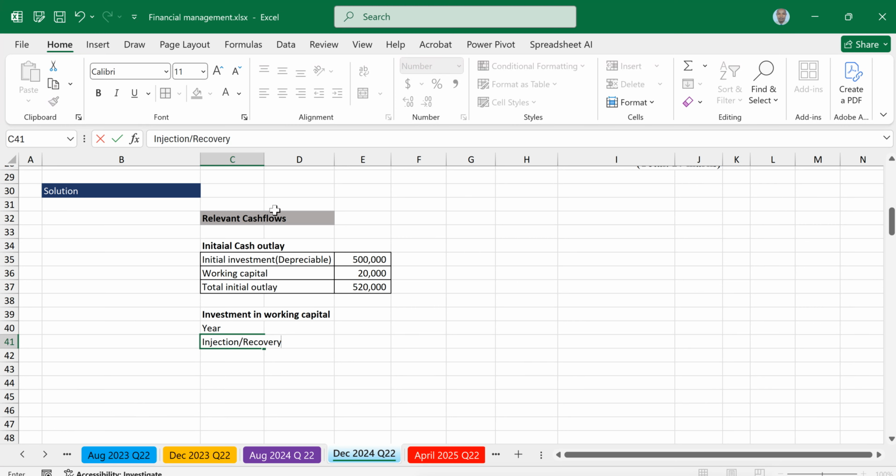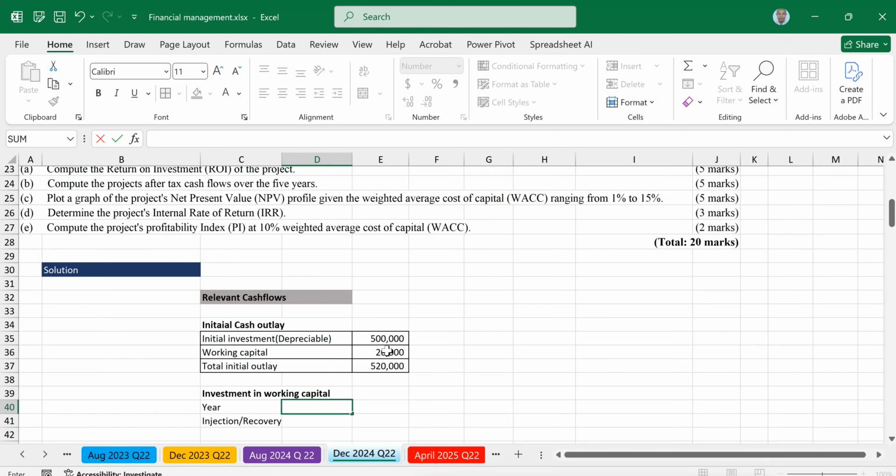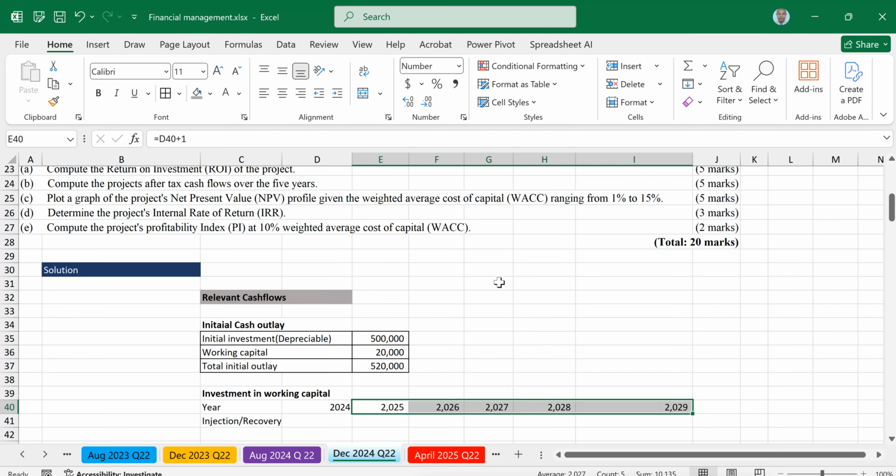The years given are from 2024, then add 1 as you move to the other years, 2024 all the way to 2029.